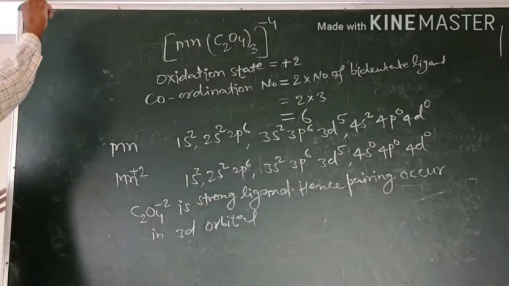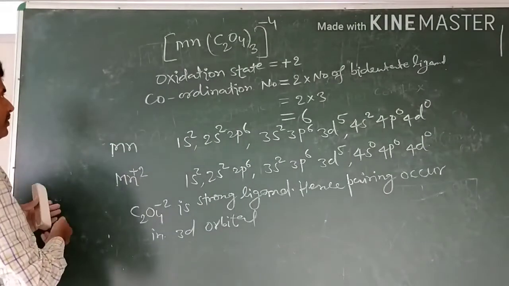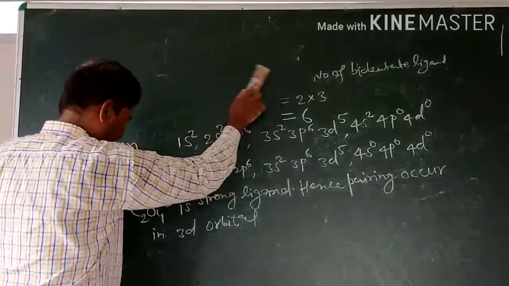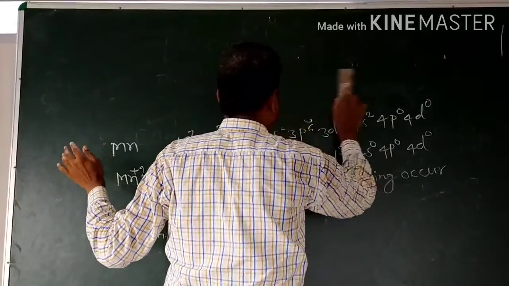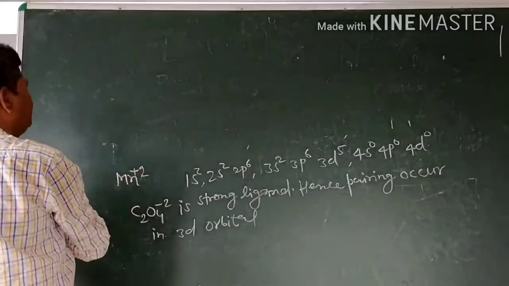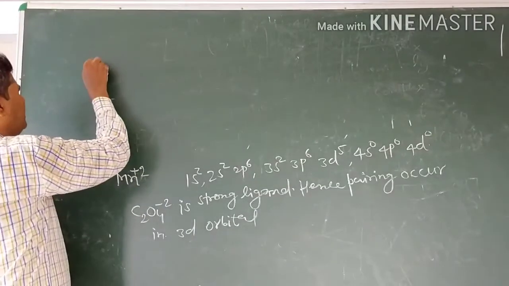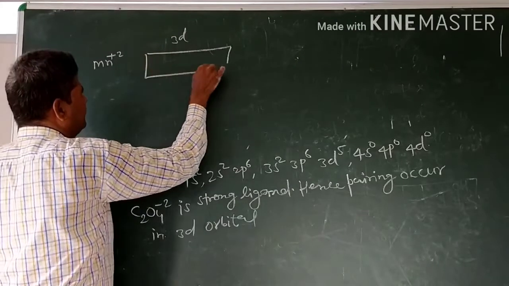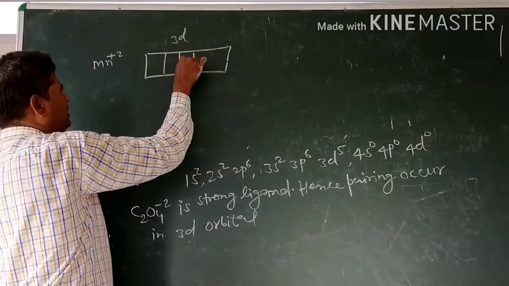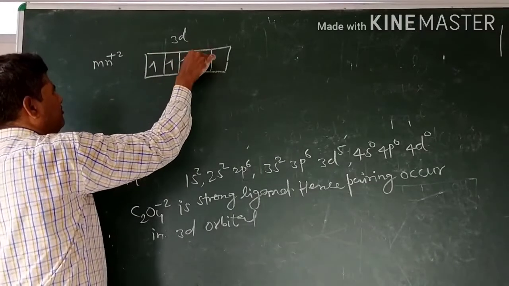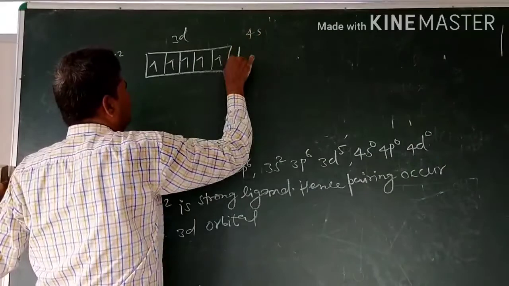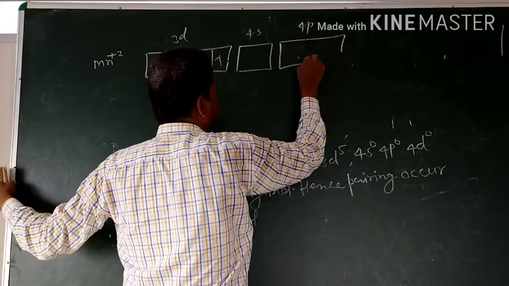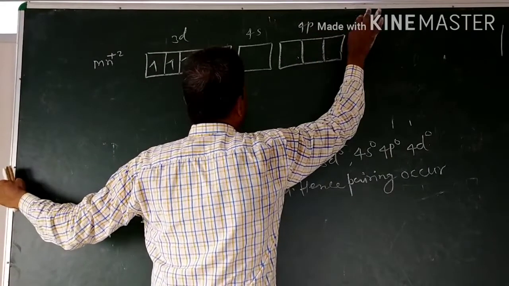Thus, Mn+2: 3d has 5 electrons, 4s vacant, 4p vacant, 4d vacant.